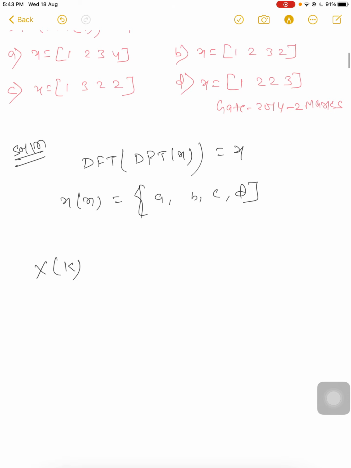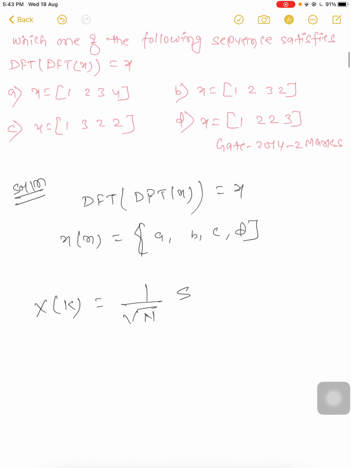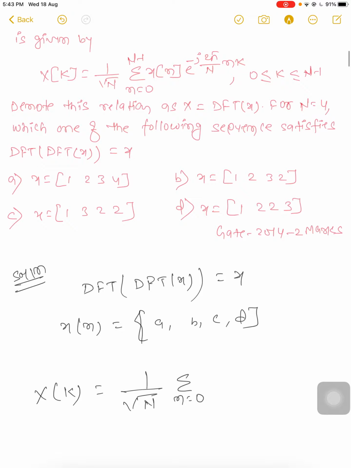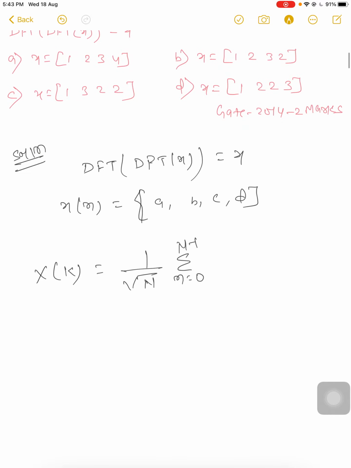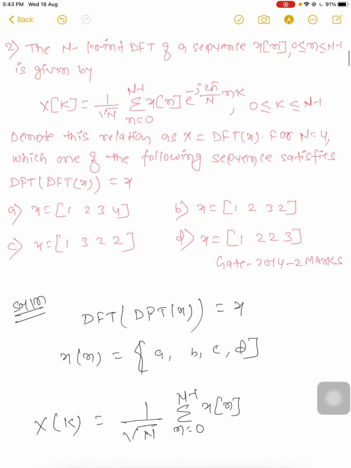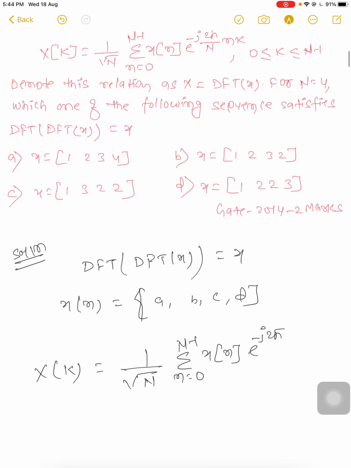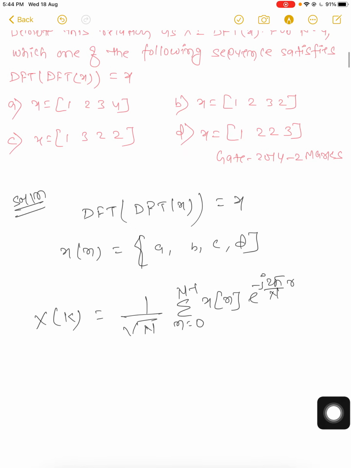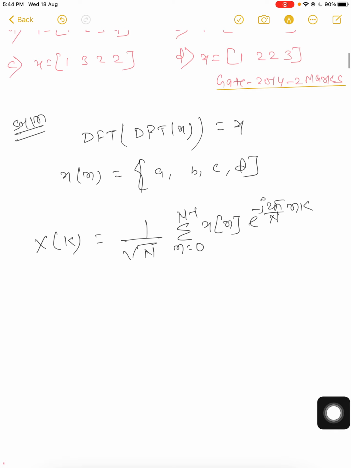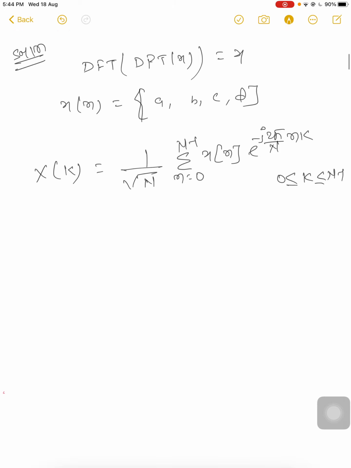So X(k) equals 1 upon root N times the summation of n from 0 to N minus 1 of x(n) e^(-j2πnk/N), for k equals 0 to N minus 1.